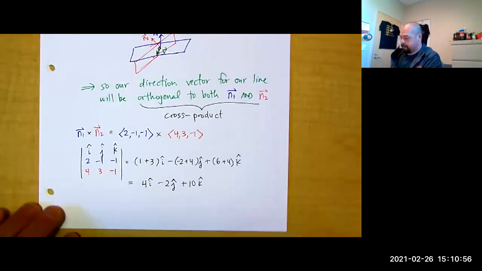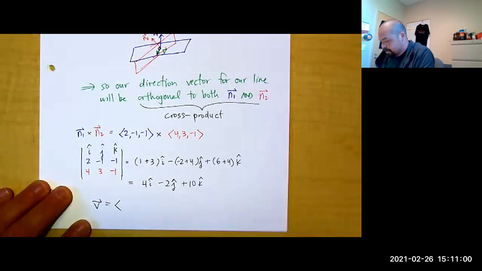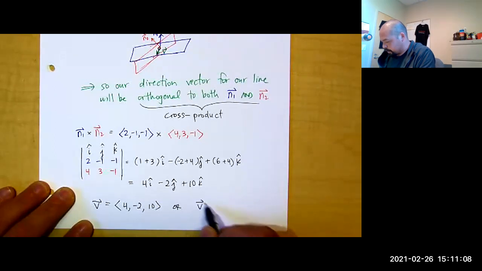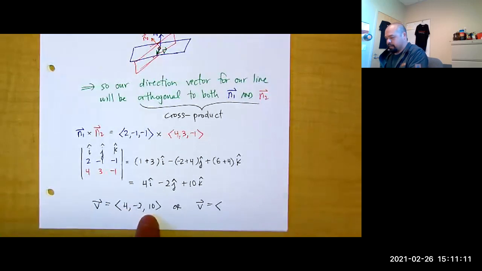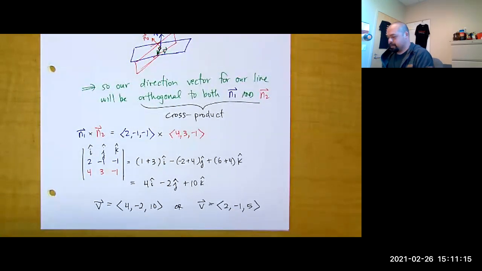So we could keep that direction vector for our line V as that 4, -2, 10, or even scaling it down, divide everything by 2: 2, -1, 5. It's still going the same direction, it's just a smaller, shorter in magnitude vector, right?